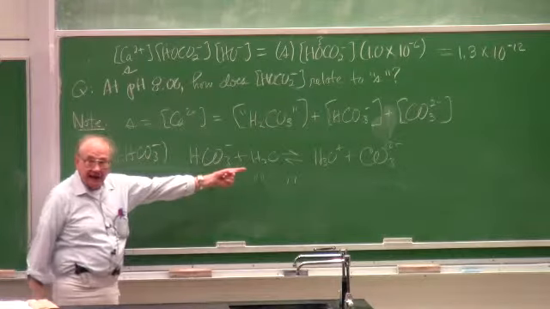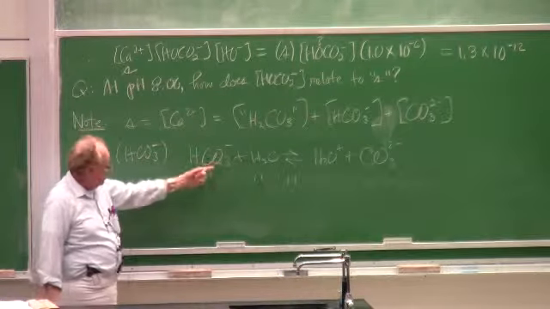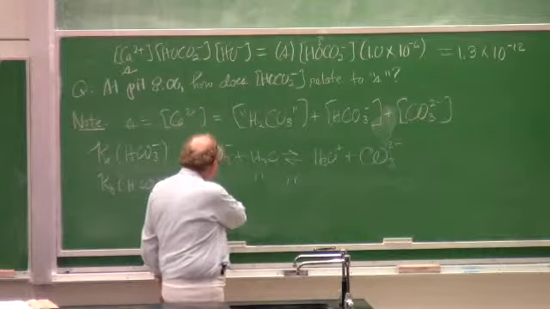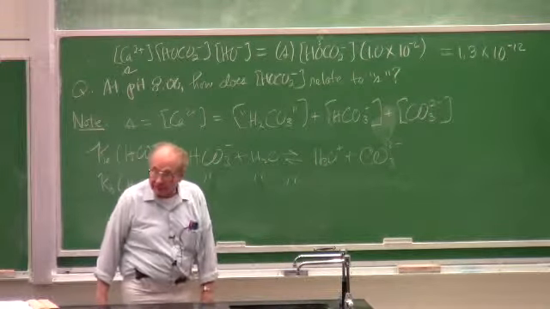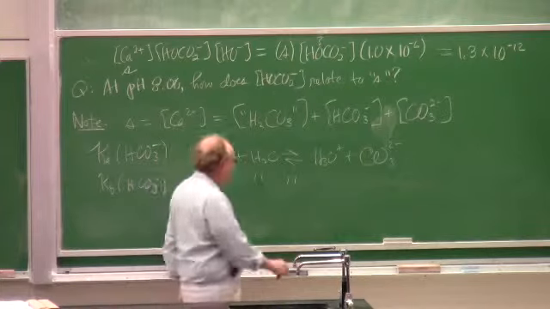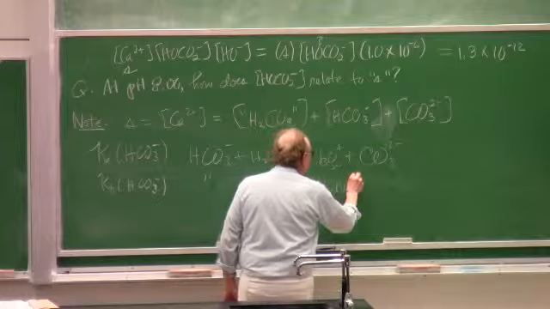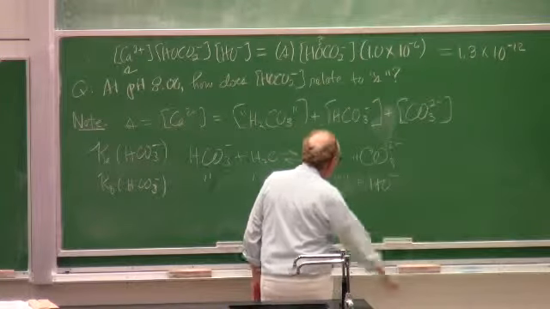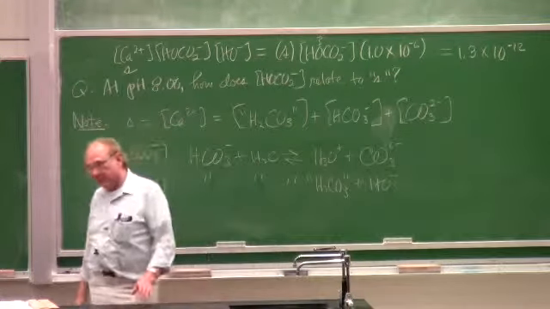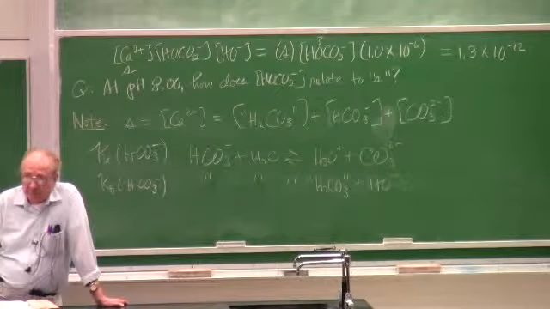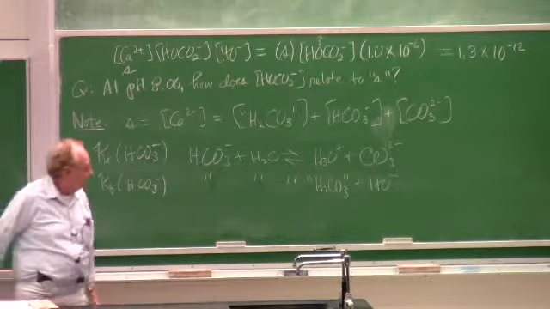There again is Ka bicarb, where bicarb reacts with water, protonates water, and makes hydronium ion. And here, bicarb is behaving as a base and extracting H plus from water to make the conjugate acid of bicarb, which is hydrated CO2, and hydroxide.